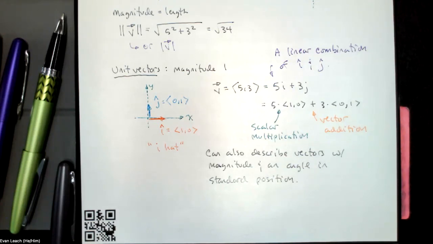Standard position is measured in degrees or radians from the positive x-axis, with counterclockwise being the positive direction.